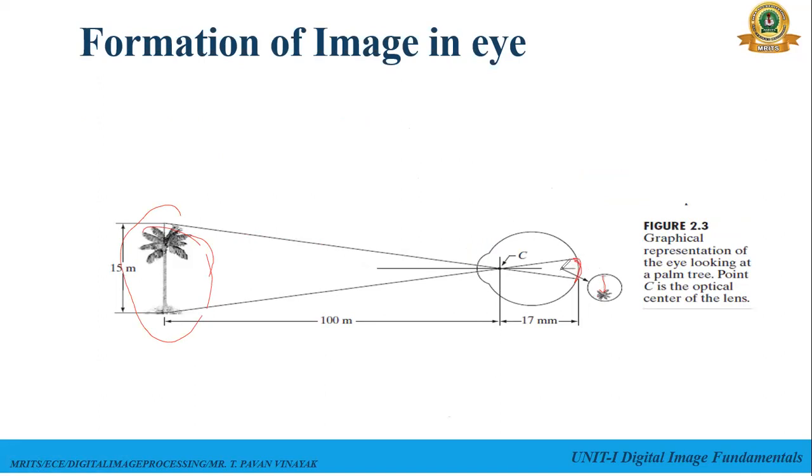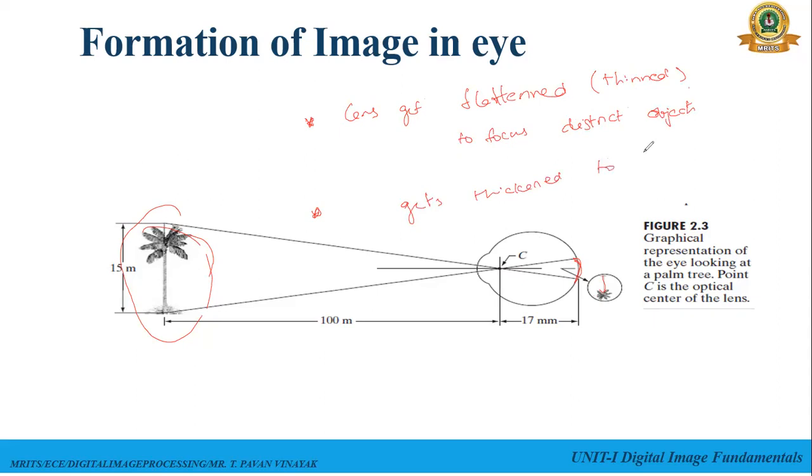So how is the lens varied? The lens gets flattened, or thinned, to focus distant objects. Next, the lens gets thickened to focus nearest objects.